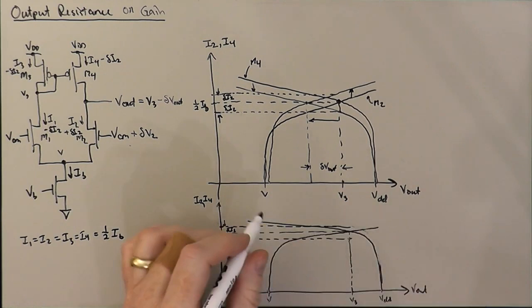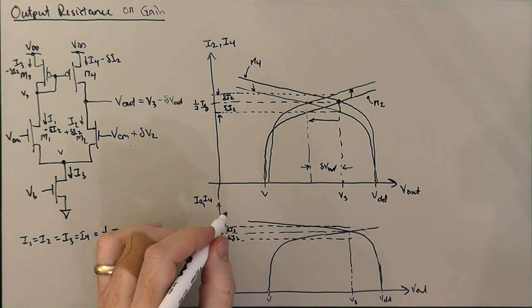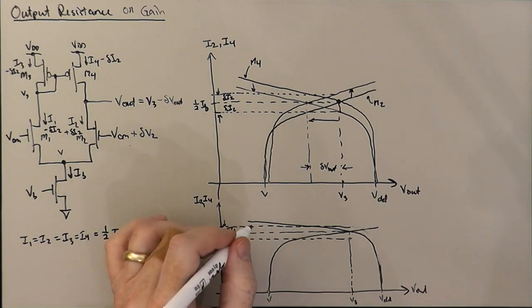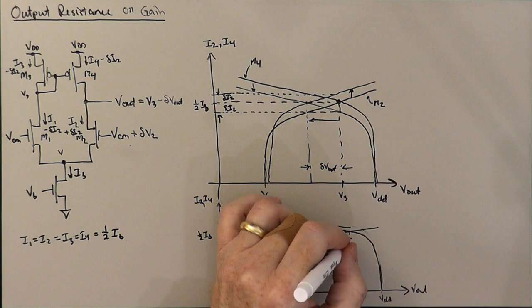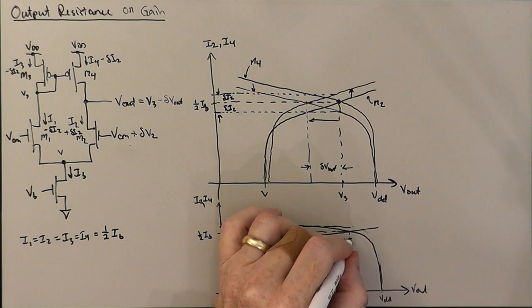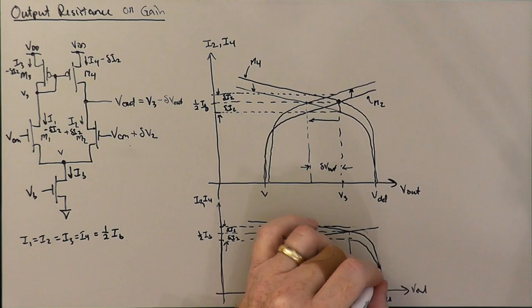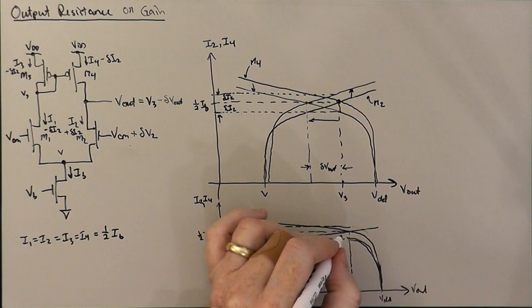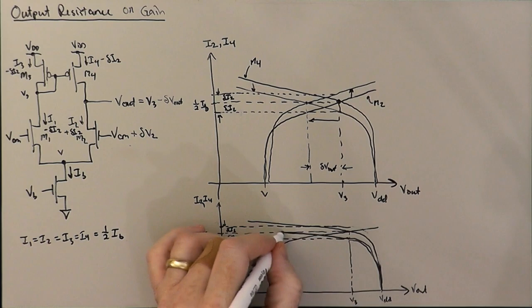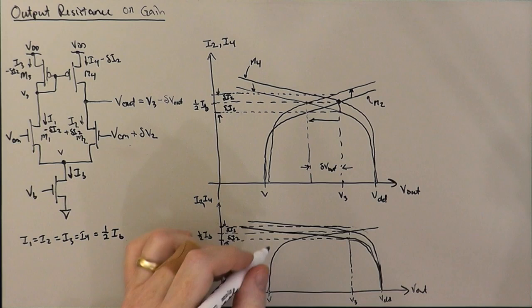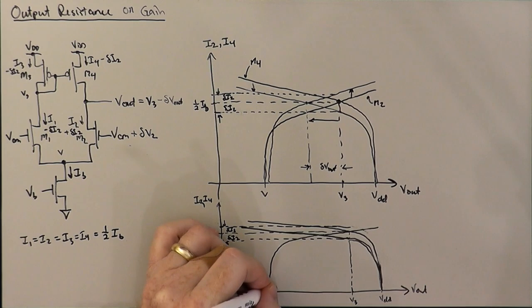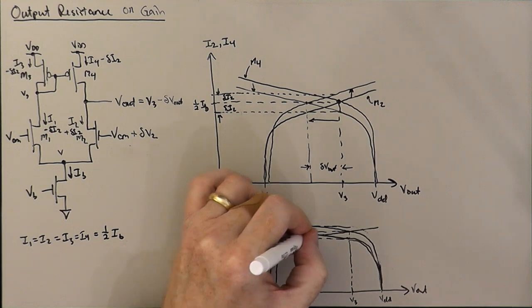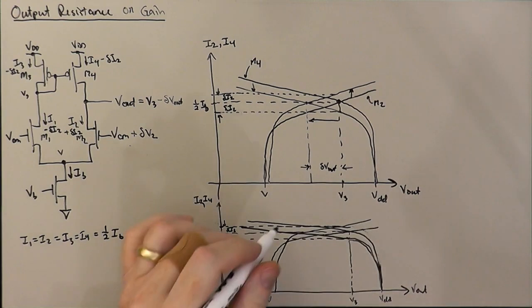So M2 goes up, M4 goes down. So M4 going down looks something like this. And M2 going up would look something like that.